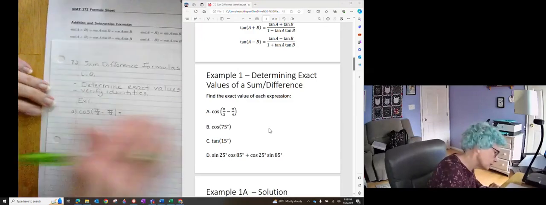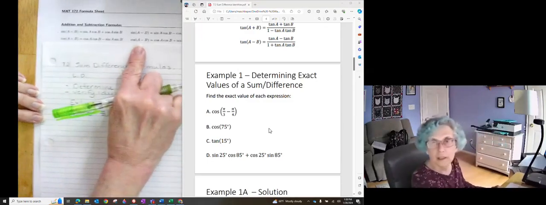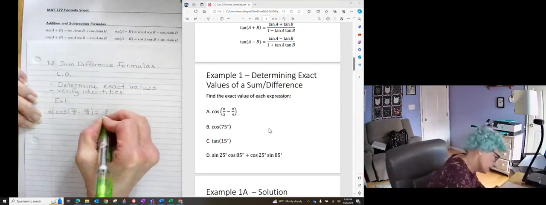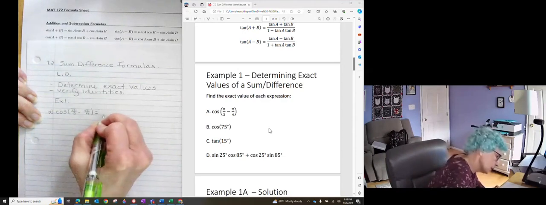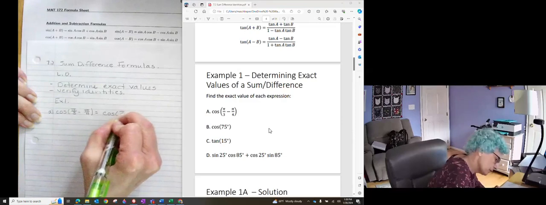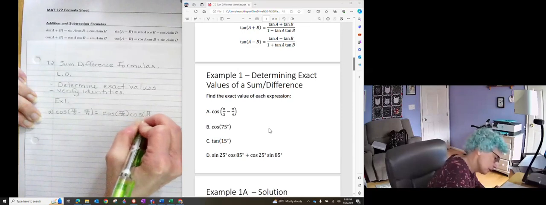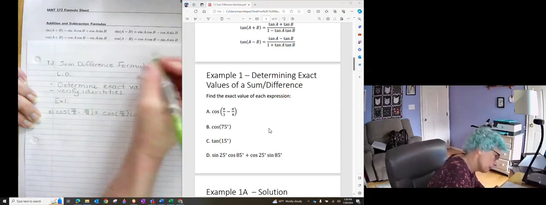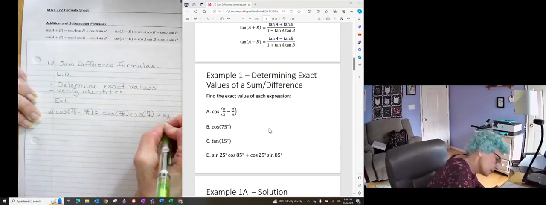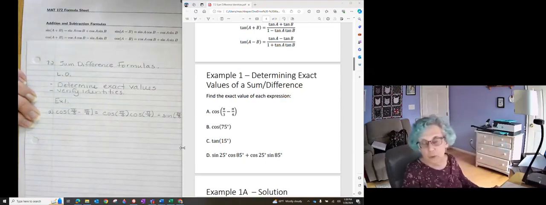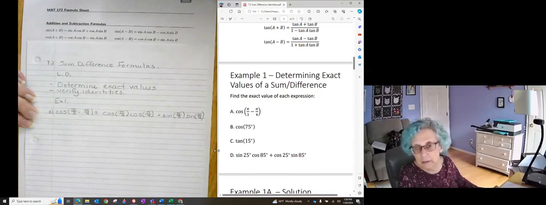I need a cosine, and it's cosine of A minus B. So that means this is going to be equal to cosine of A, cosine of pi over 3, times cosine of B, cosine of pi over 4, plus sine of pi over 3, sine of pi over 4.